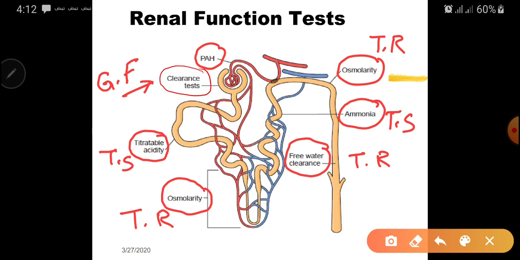This test is beneficial for the measurement of renal blood flow, so it is very important to evaluate renal blood flow. In the next explanation and figures, we will understand all these renal function tests, how to calculate them, and how we can apply them in the medical laboratory.